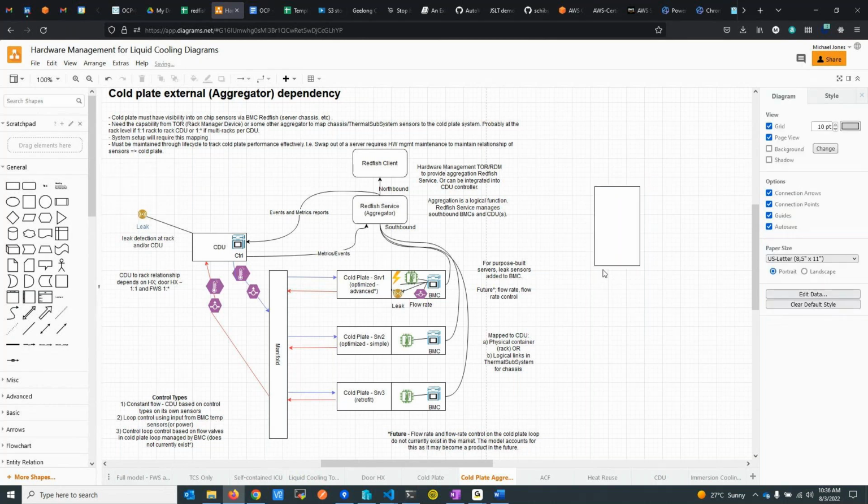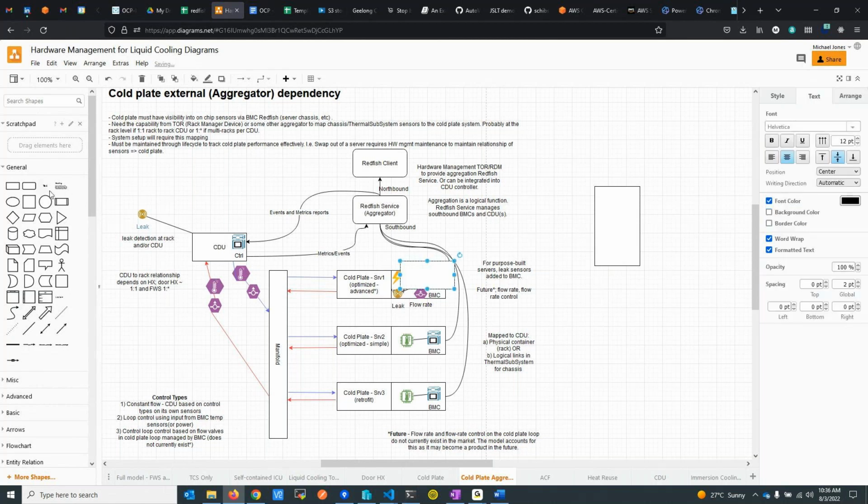Your cold is coming in at the bottom again, and your outlet is at the top? Bottom or top, it's both scenarios. Okay. And is it a custom server or just a standard server that you install in the individual tank? It's a standard server.